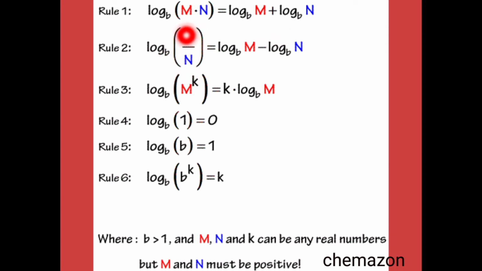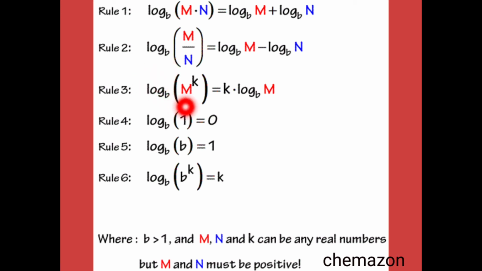Similarly, let's see the second rule where division is equivalent to negative sign or subtraction. Log to the base b of m divided by n is equal to log of m to the base b minus log of n to the base b. This is called the division rule.